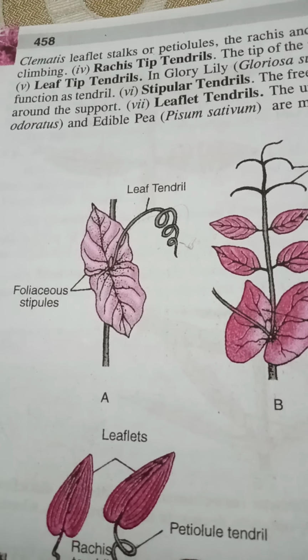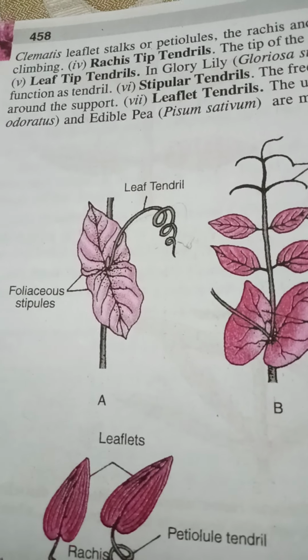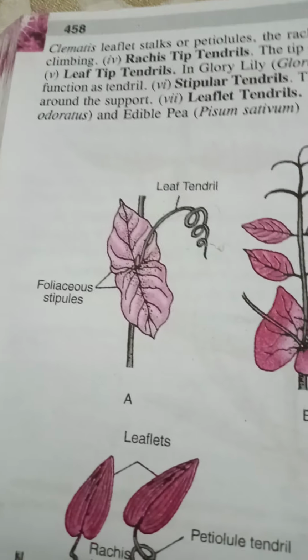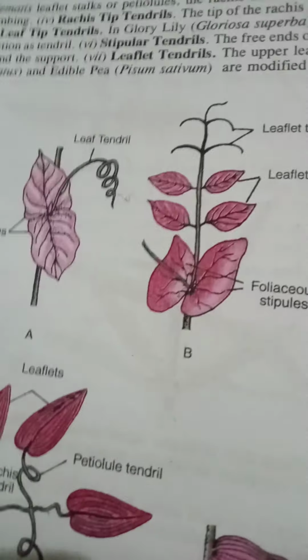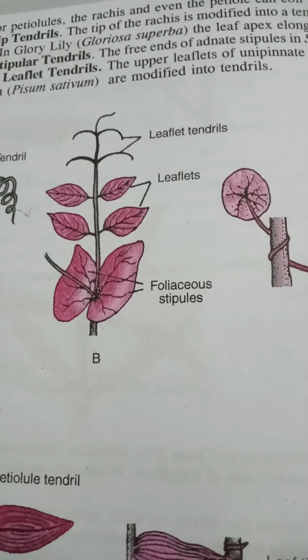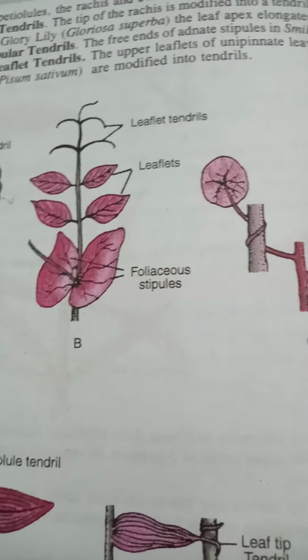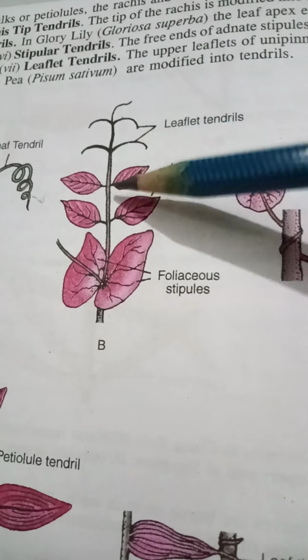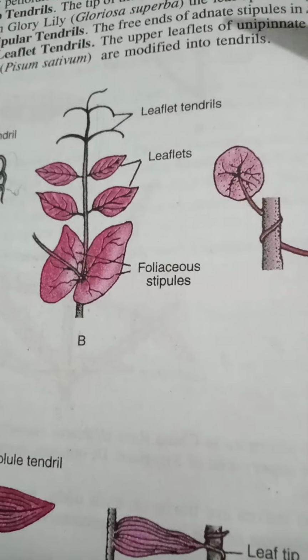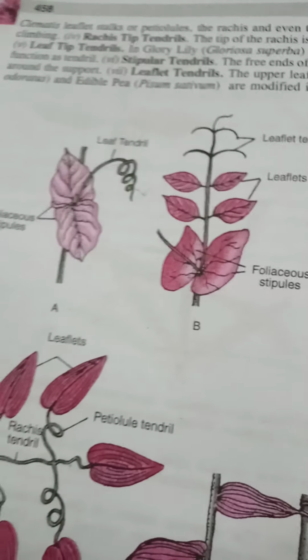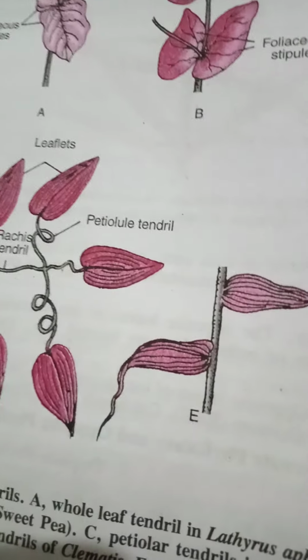Then comes the petiolar tendril, where the petiole gets modified into a tendril, as for example Nepenthes khasiana. Then rachis and petiolar tendril, where the stalk gets modified into a tendril. Then leaf tip tendril, where the leaf tip gets modified into a tendril.